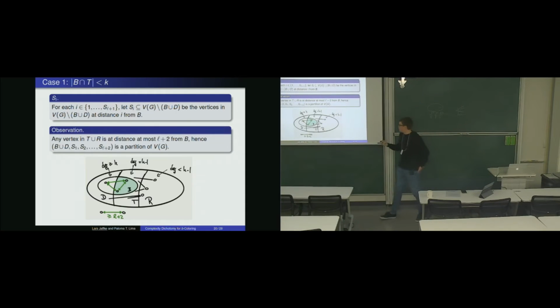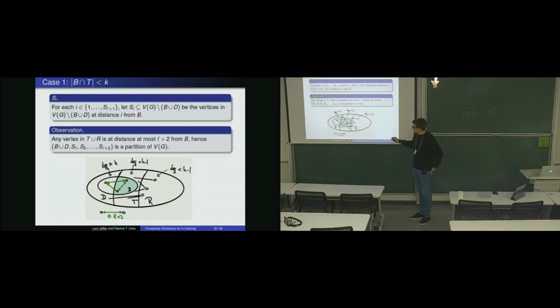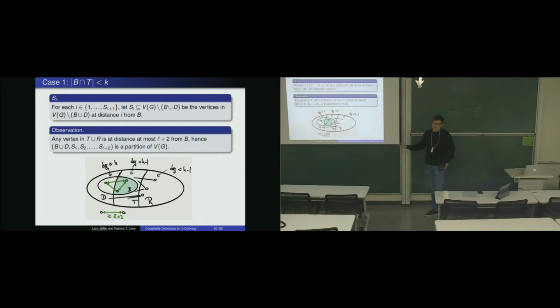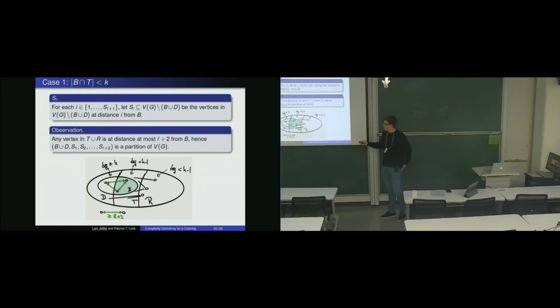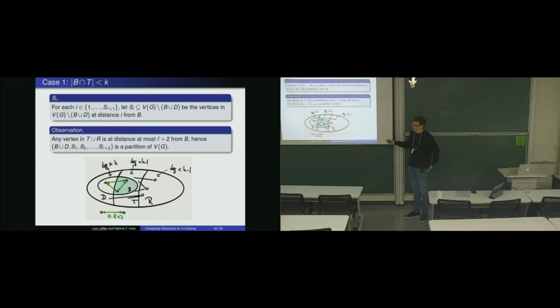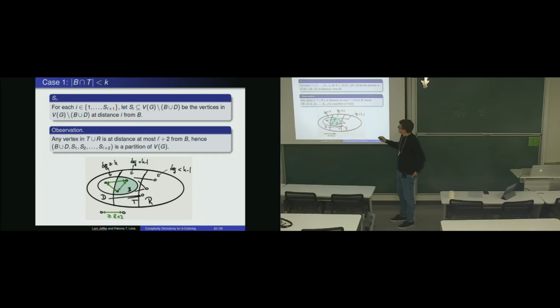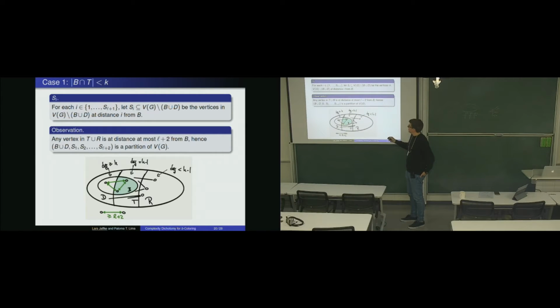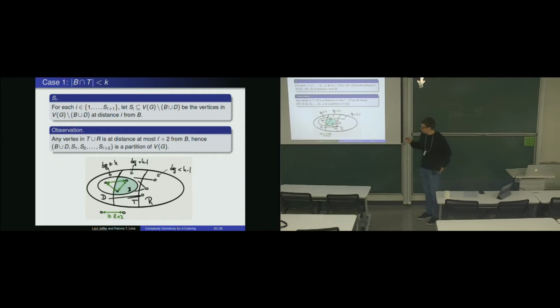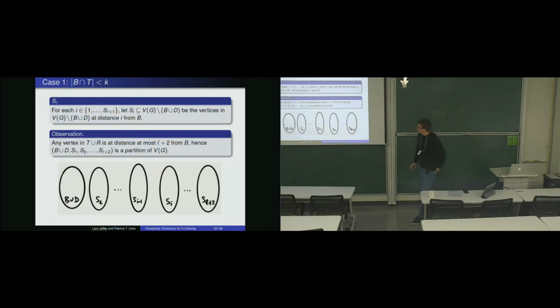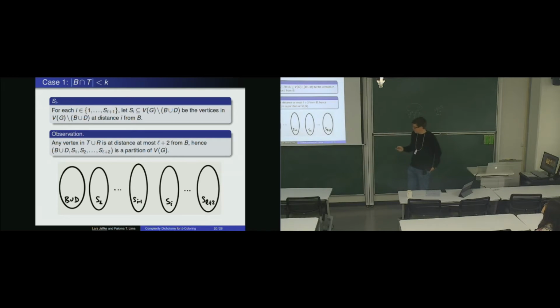And then in the beginning we also argued that every vertex in R has at least one neighbor in D union T. So this means that the maximum distance of any vertex in R from B is L plus 2. Okay, so we know that this is actually a partition of the entire vertex set of the graph. Okay, now let's look at this partition.